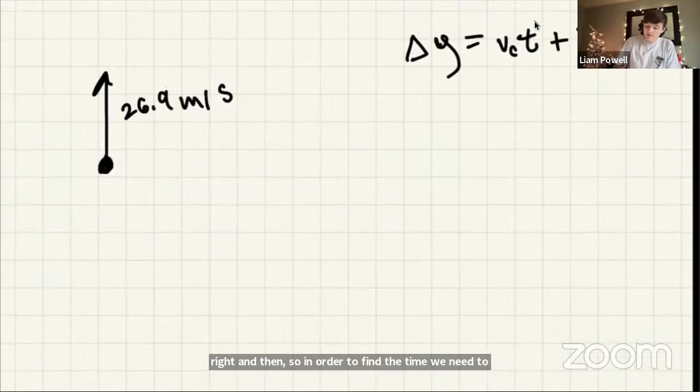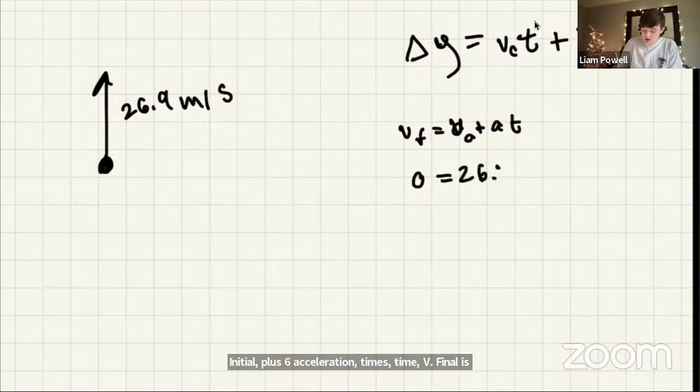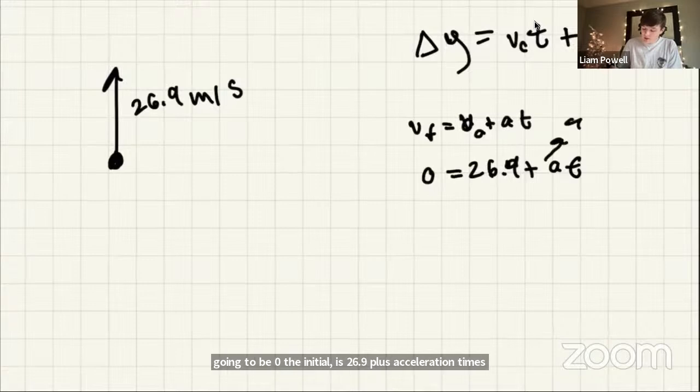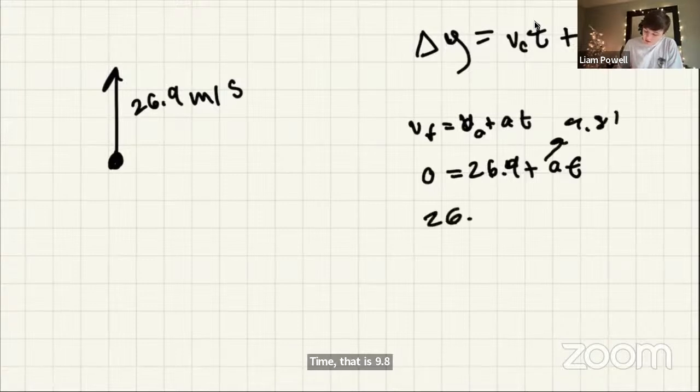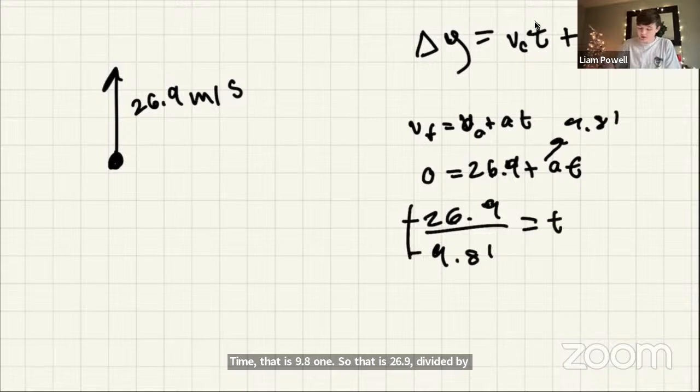That is v final is equal to v initial plus acceleration times time. V final is going to be 0. V initial is 26.9 plus acceleration times time. That is negative 9.81. So that is 26.9 divided by negative 9.81. That becomes positive, and that is equal to the time.